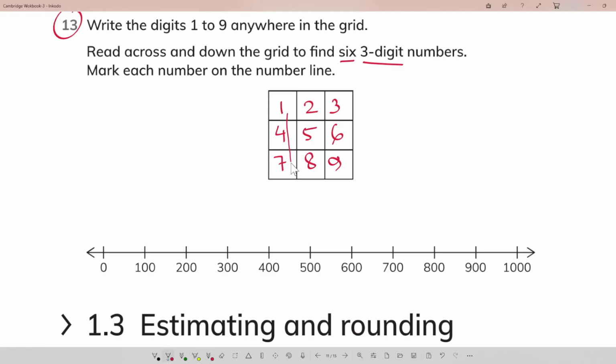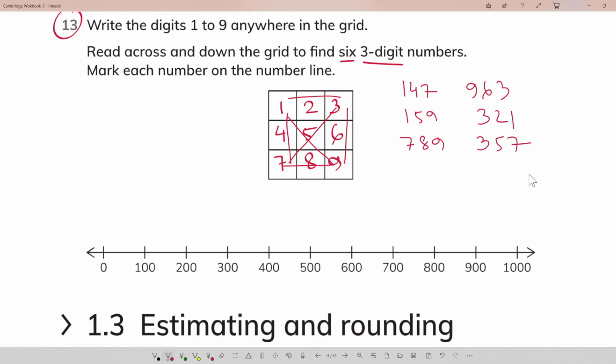Suppose this one we can take. So here is 147, and we can also use this one, so it means 159, and then we can use 789, and also we can use like this, which is 963, and also you can use like this 321, and also you can use like this, it means 357.